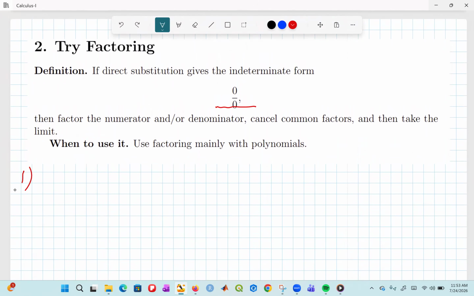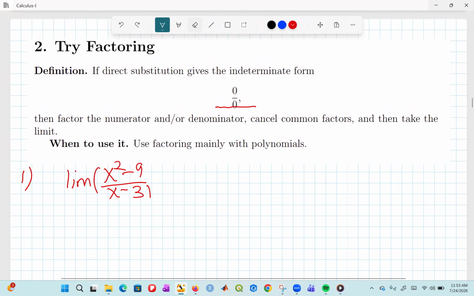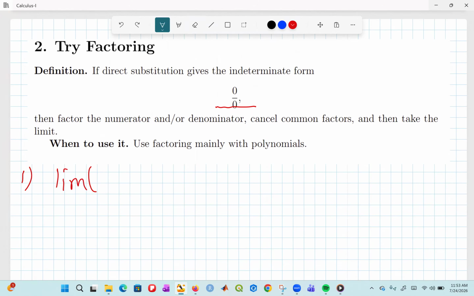Example 1: find the limit of x squared minus 9 over x minus 3 as x approaches 3.